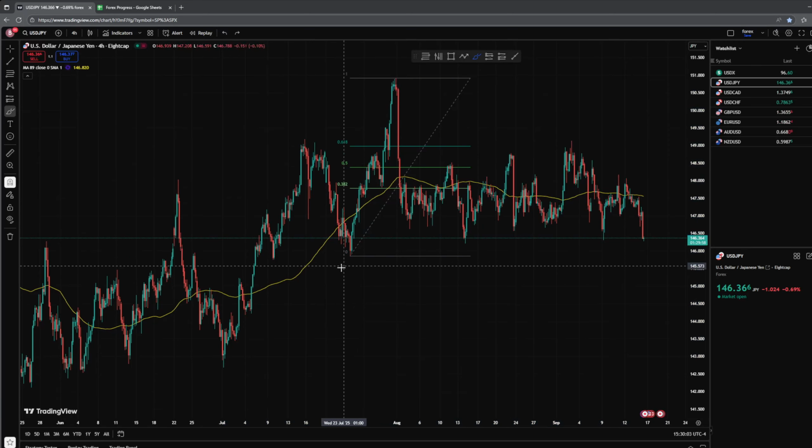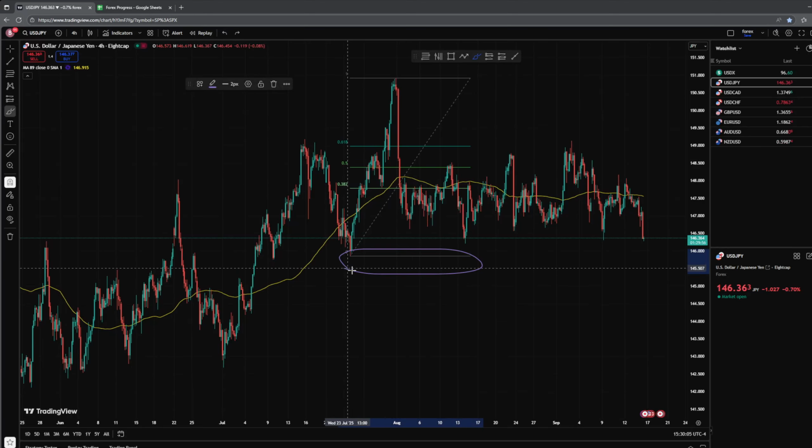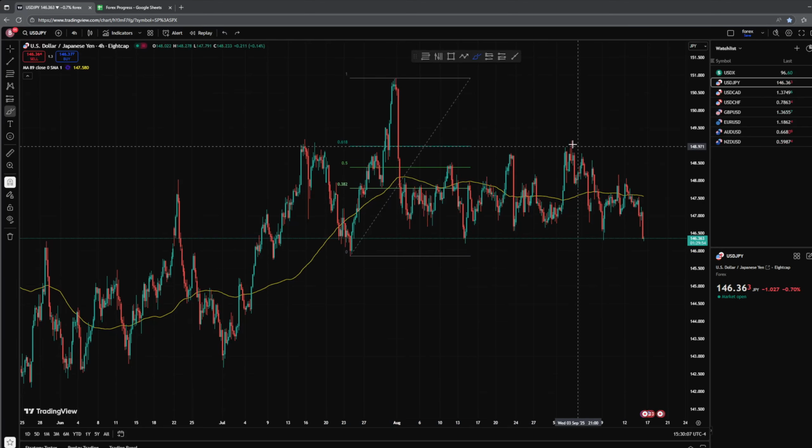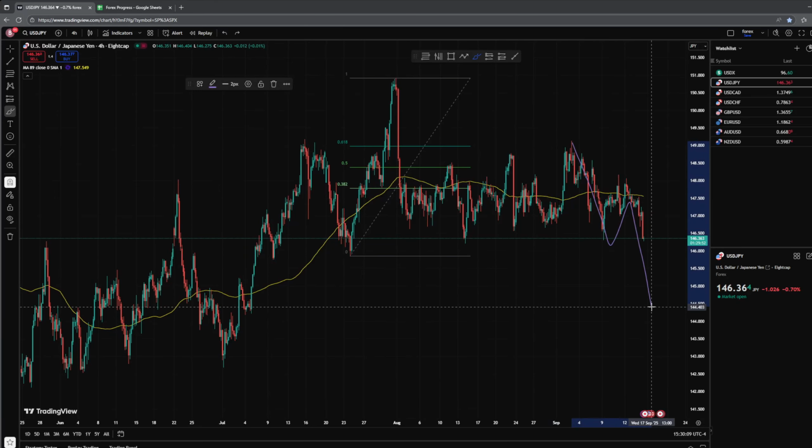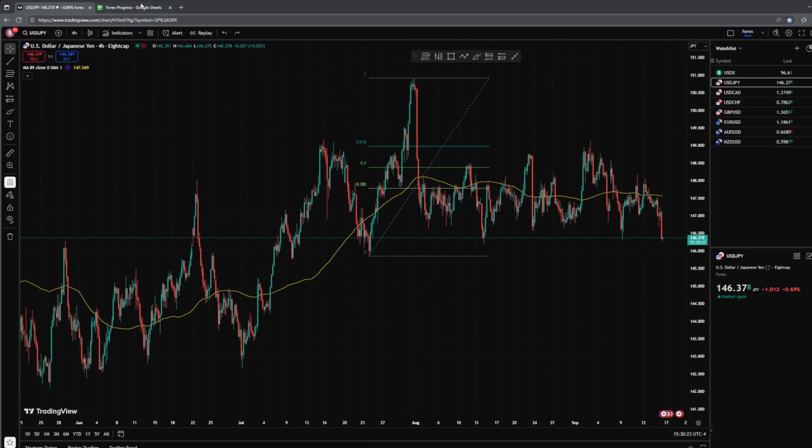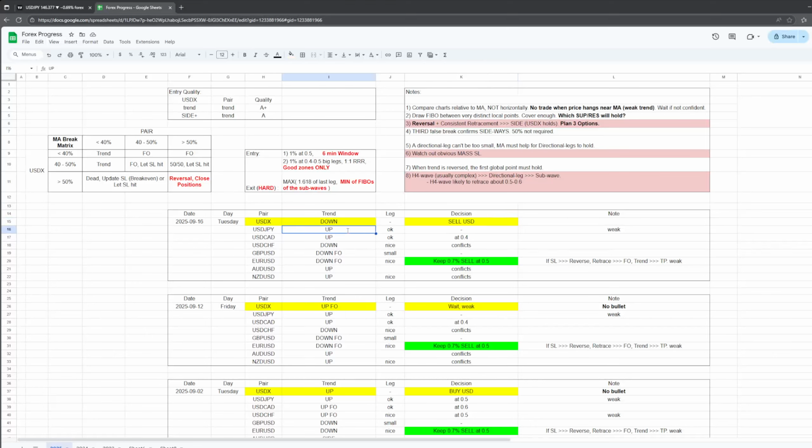If this support is broken down and the market starts to go down like this, then it will be considered a downtrend reversal. Until that, USD Japan is behaving with the uptrend with the fake out. So let's write it down. USD Japan yen up fake out.